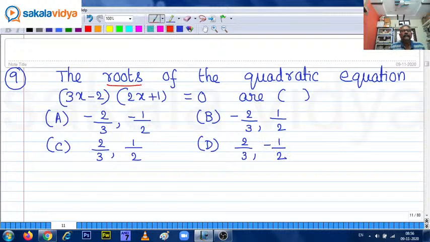See, the roots of the quadratic equation (3x minus 2) multiplied by (2x plus 1) is equal to 0.